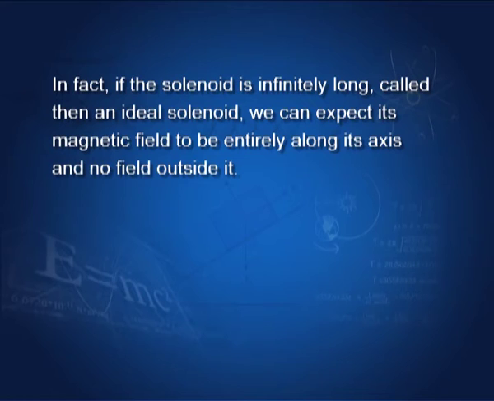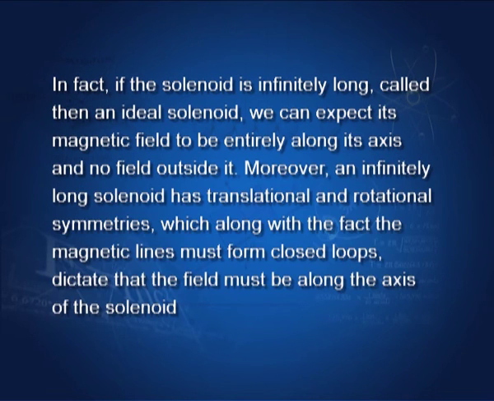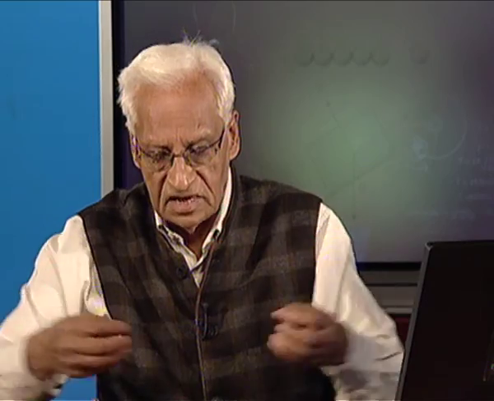If we take an infinite solenoid, such a solenoid is called an ideal solenoid. An infinitely long solenoid has translational and rotational symmetry. Translation, that I can deal with here, here, here without making any difference, because this is infinitely long, and also circular, because all these loops are circular.